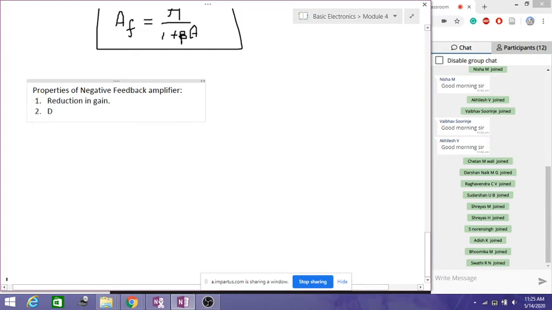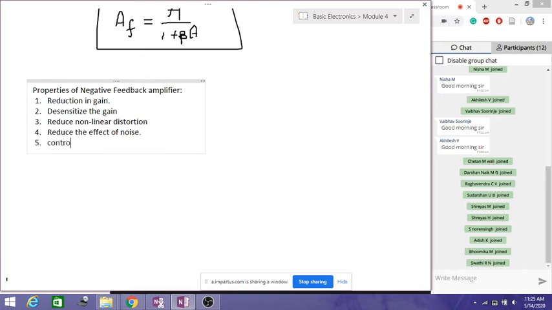Then it desensitizes the gain, it has reduced non-linear distortion. As I said, the distortion will be less, and it reduces the effect of noise.